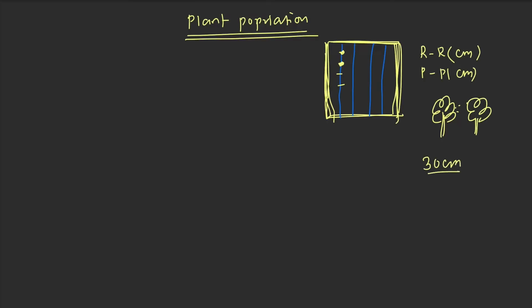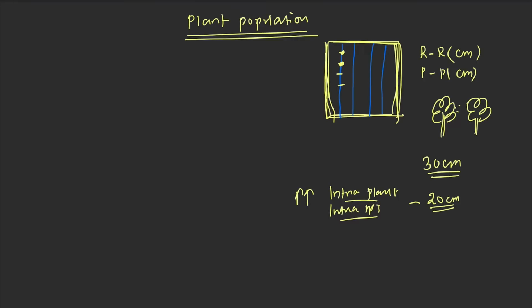If we are going for a spacing of 20 centimeter, we are narrowing down the spacing. So their canopies will touch each other, they will cover each other, they will compete for space with each other. So here the intra-plant or intra-species competition, because this is between the same species, will be higher.